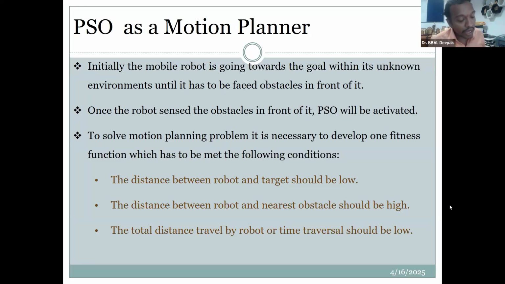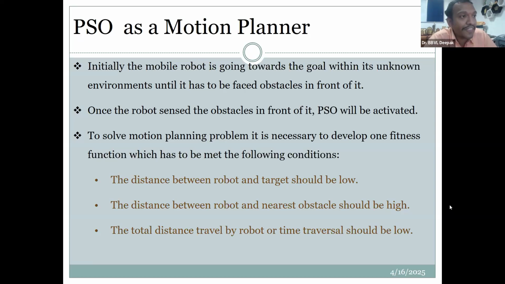Now, of course, artificial intelligence has an inspiration, and how the inspiration comes into the picture, we can say one is particle swarm optimization. What exactly will this particle swarm optimization do? It works on the behavior of swarm intelligence. A group decision is always better than an individual decision.